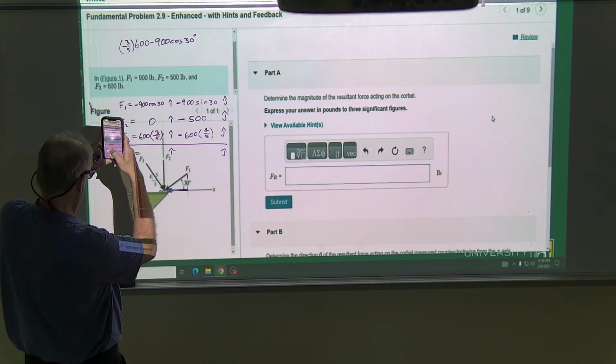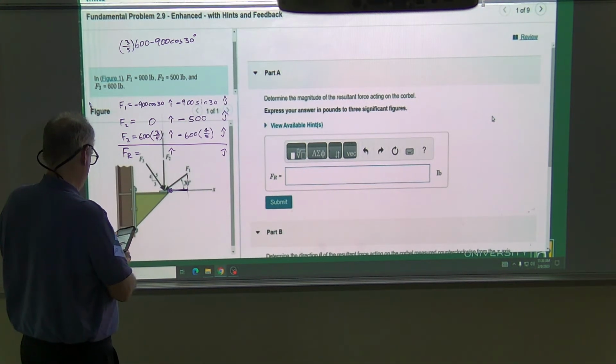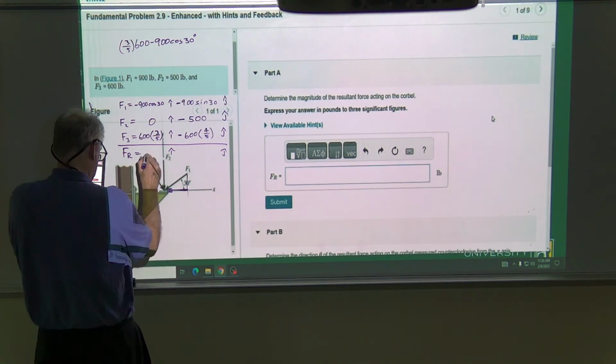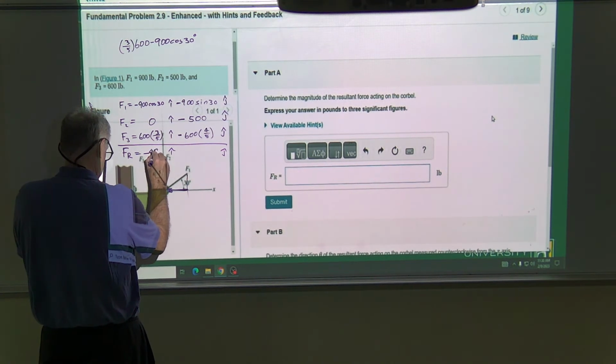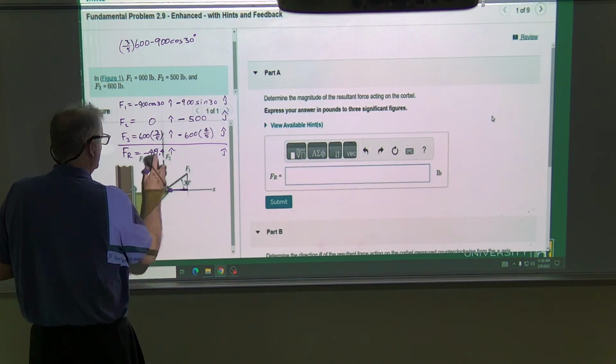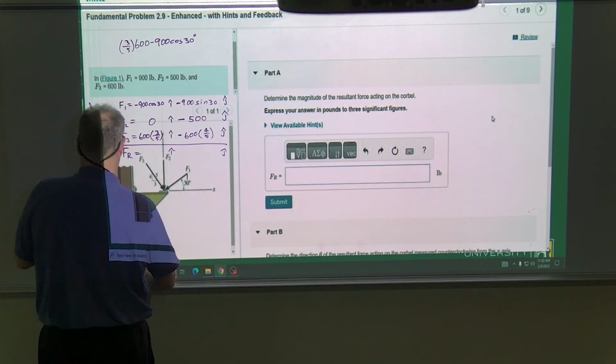Let's see. It tells me there are probably other digits. I don't even want to see the other digits.